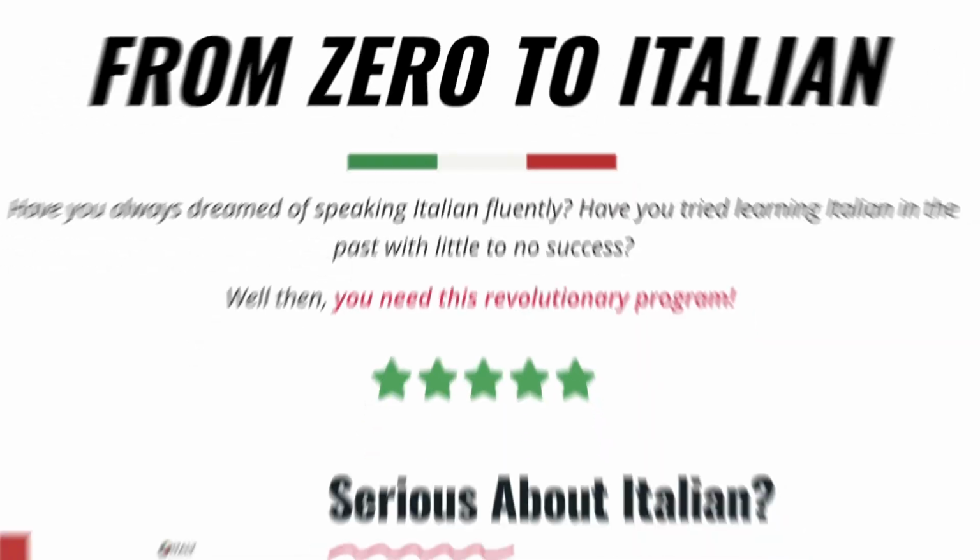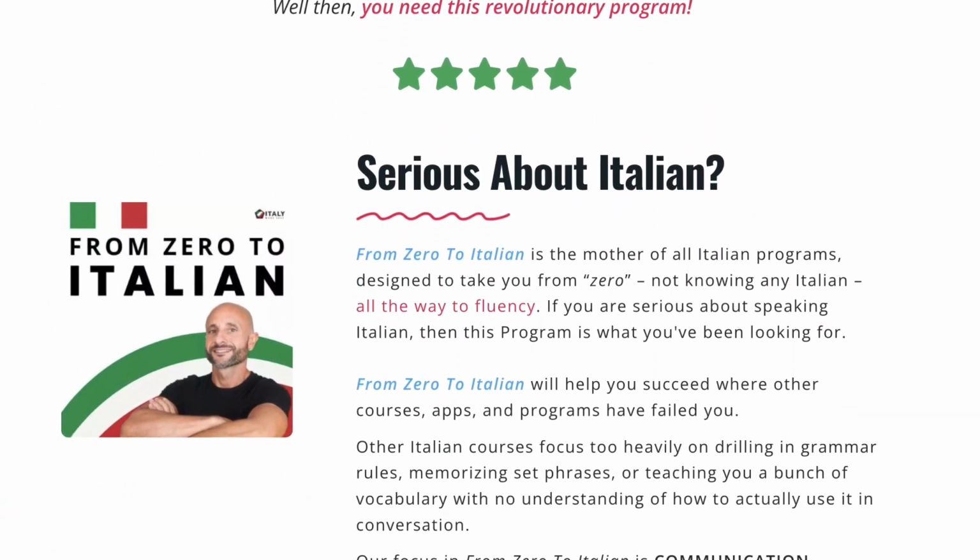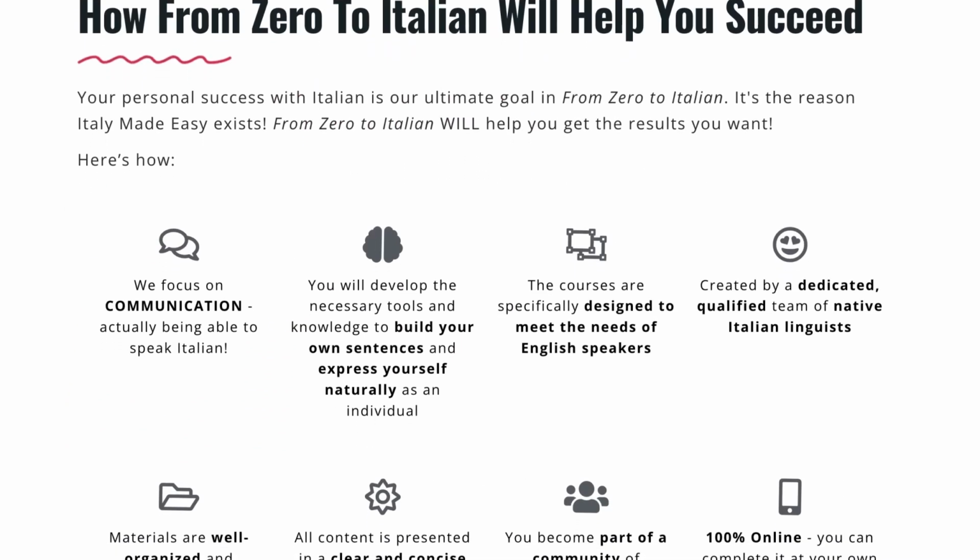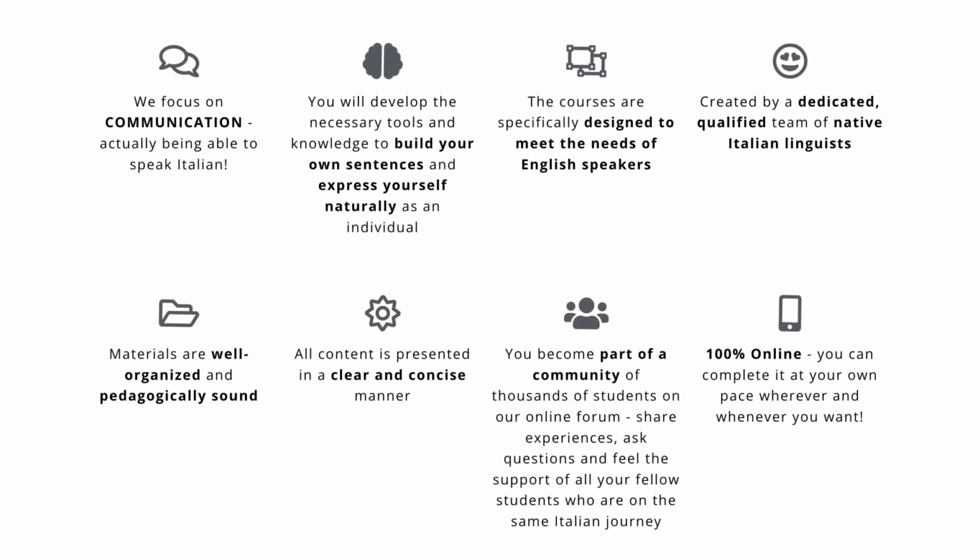How many levels do we have? Well, we've done something pretty unique at Italy Made Easy. We created this flagship program that is called From Zero to Italian, because it gets you started, with the assumption that you know nothing about language learning and Italian specifically. And we teach you that, beginner Italian level 1, and then we deepen your knowledge, we give you more skills, more ability to express yourself in Italian, to understand.